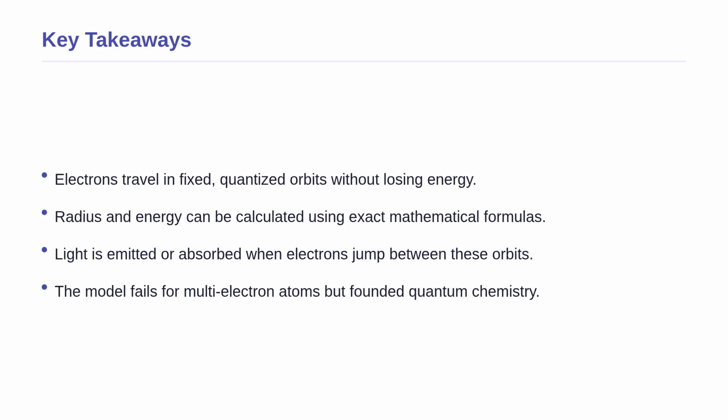We also saw that atoms emit or absorb specific colors of light only when electrons jump between these fixed steps. While the model ultimately failed to explain multi-electron atoms and the wave nature of electrons, its core concept of discrete energy levels remains the absolute foundation of modern quantum chemistry. You now have a solid understanding of how the atomic staircase works.